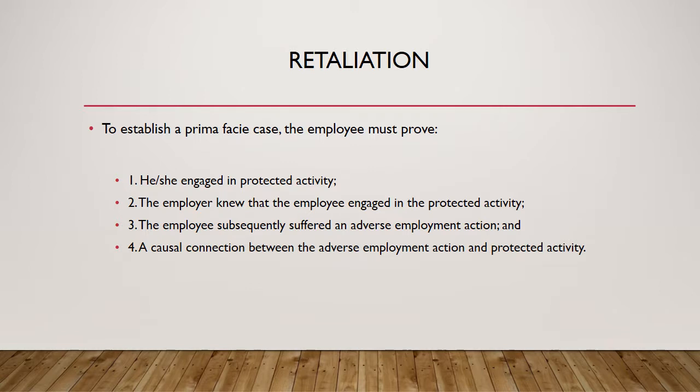And don't worry, we're about to define protected activity. Second, the employee must show that the employer knew that the employee engaged in protected activity. Third, the employee must have subsequently suffered an adverse employment action. And lastly, there has to be a causal connection between the adverse employment action and the protected activity.